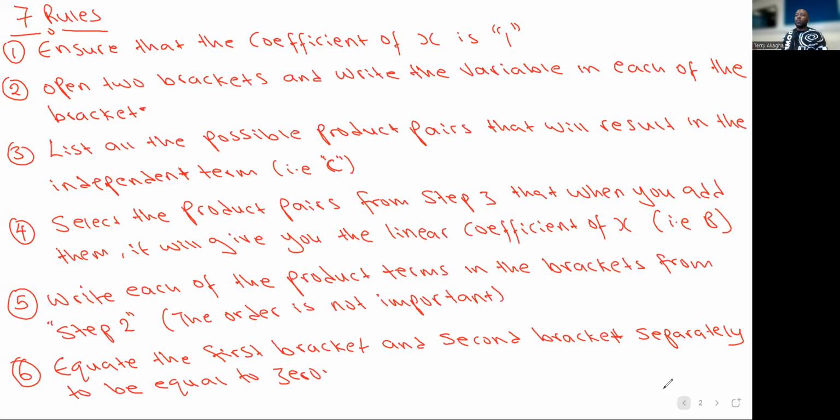Let's assume I have x squared plus 5x plus 6 is equal to 0. So we have this question here. What is the first thing to do? Step 1: ensure that the coefficient of x squared is 1.